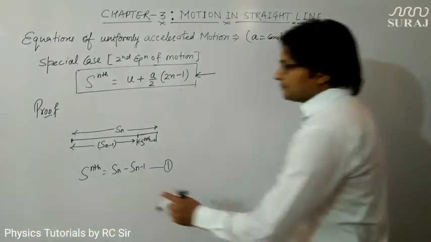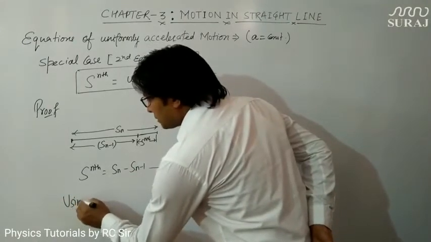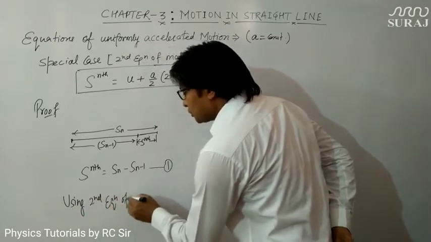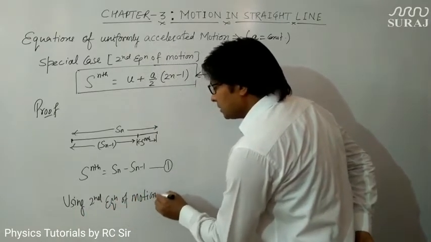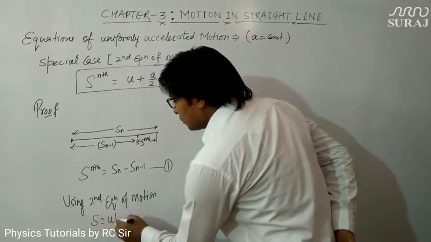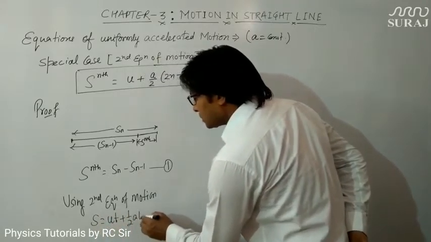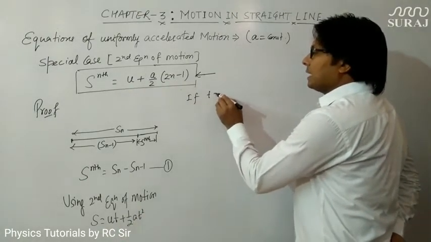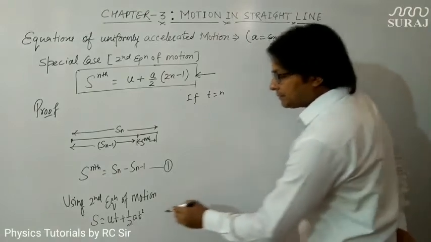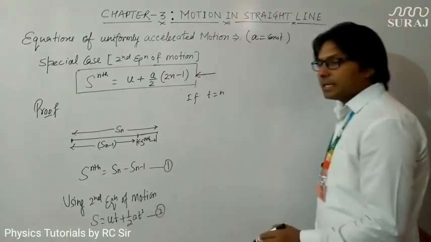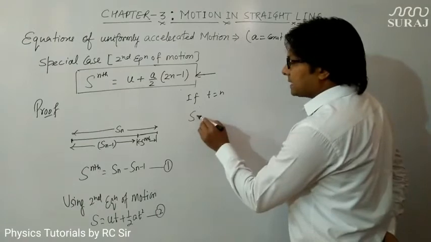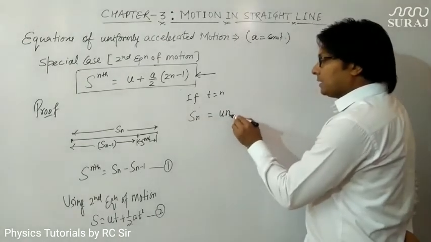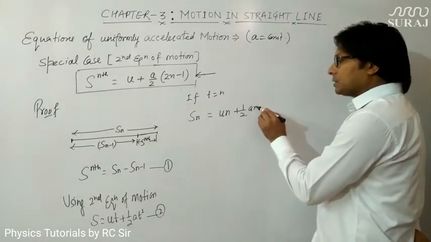Now using the second equation of motion, what is the second equation of motion? S is equal to ut plus half at square. If I put t equal to n here, in equation second, I can write Sn is equal to un plus half an square.